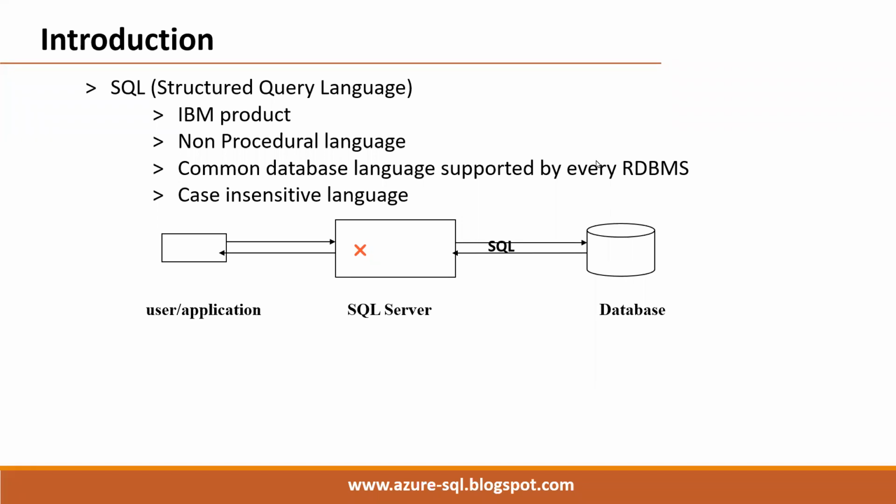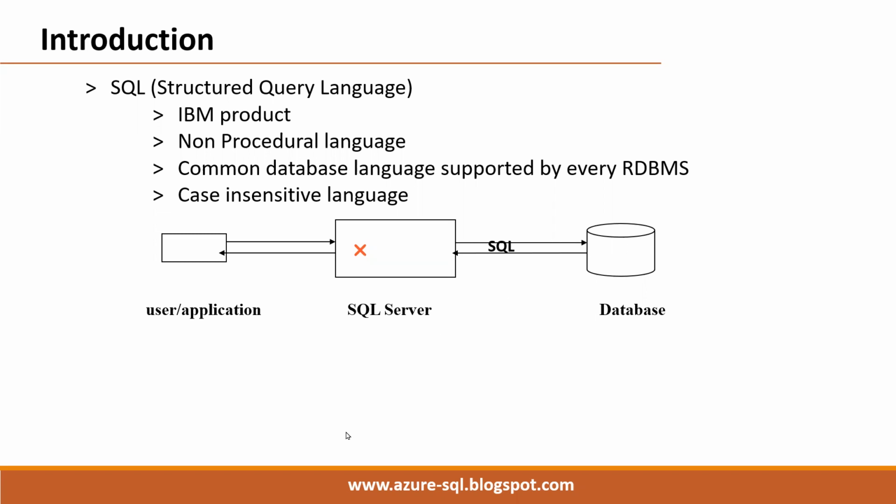So the important point is that in a database, data is there in the form of rows and columns. Generally, we know that in a database, data is in the form of rows and columns. But in a database we have different storage levels: a physical level and a logical level.